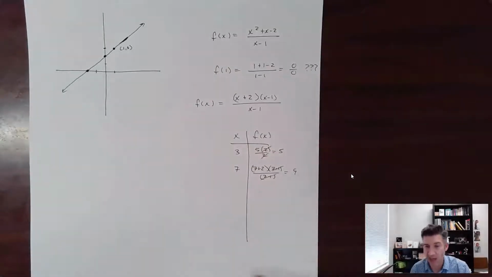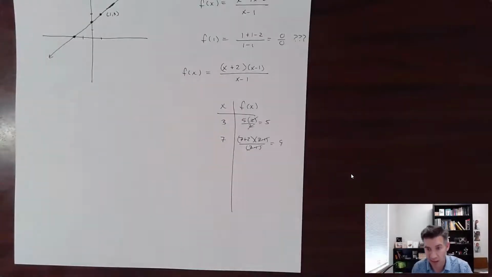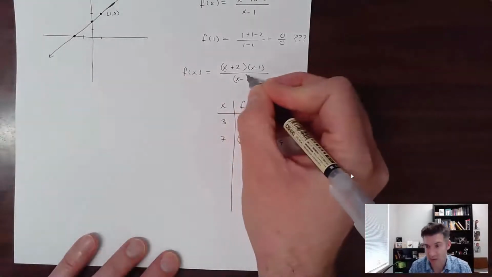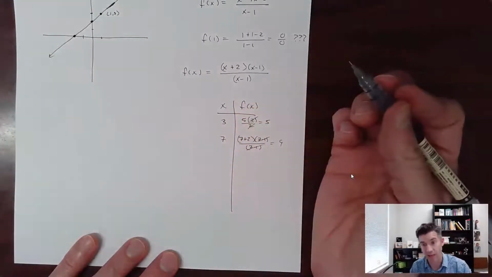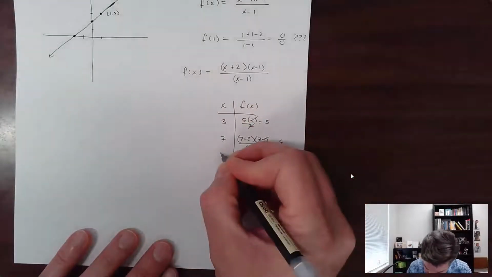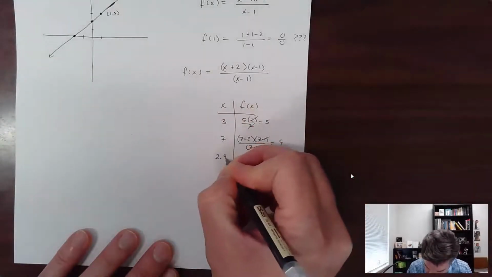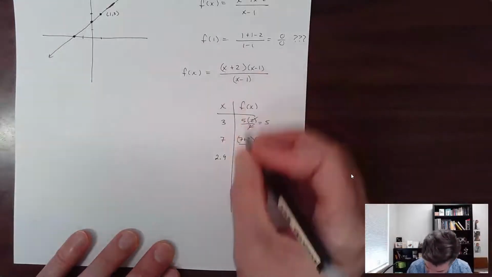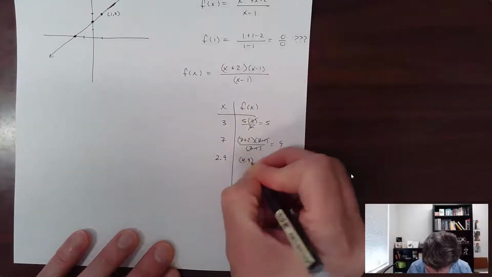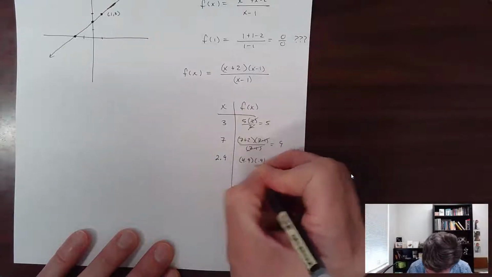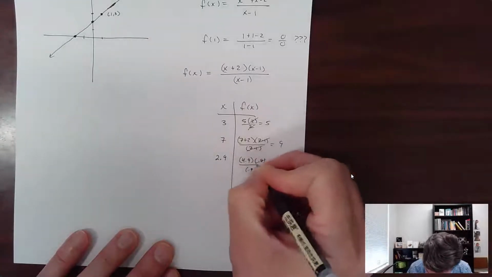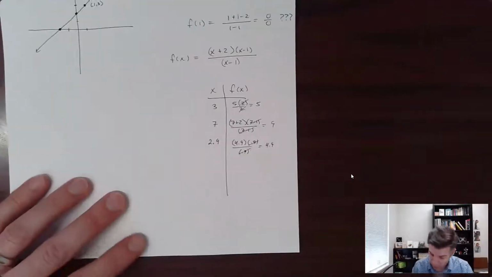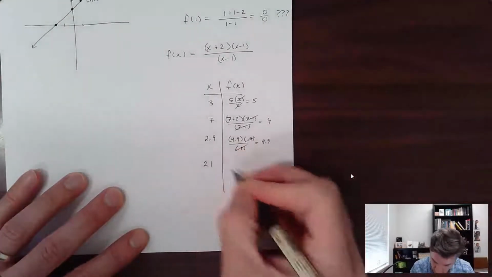What's actually going to happen is for any number I can plug in, I'm just going to get that number plus 2, because the x minus 1 over x minus 1 part, as long as it's not 0 over 0, cancels out. So if I plug in x equal to 2.9, not really the number I wanted, but that's okay, I'm going to get 2.9 plus 2, so 4.9 times 0.9 divided by 0.9, and those cancel.